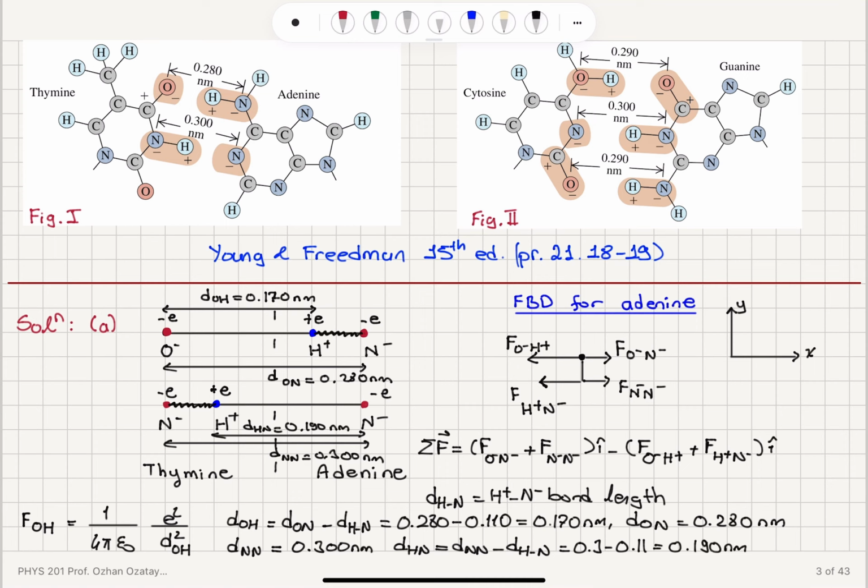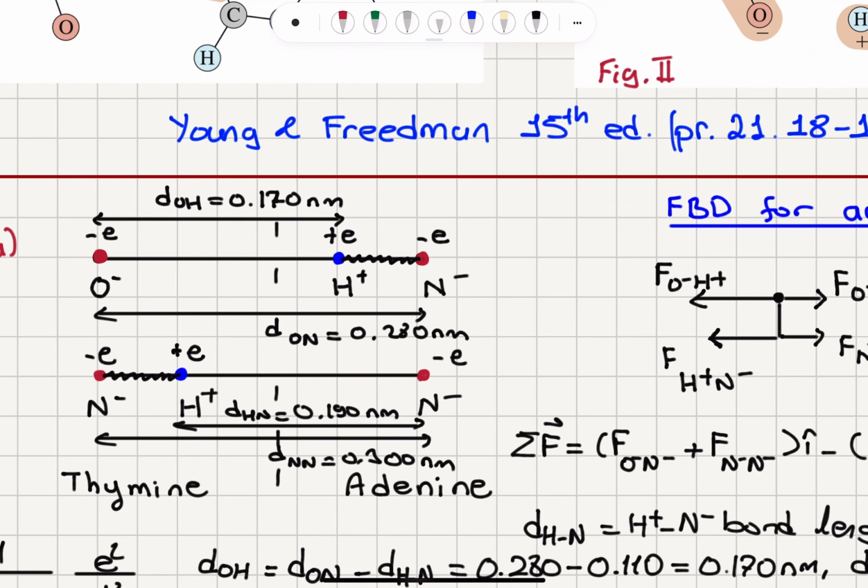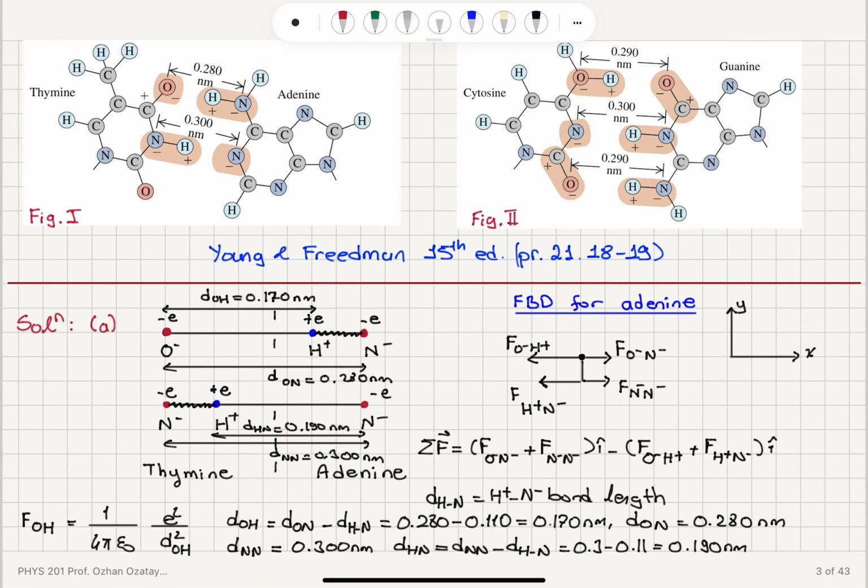So you can see that all these distances are correct. We have oxygen-hydrogen distance 0.170, oxygen-nitrogen 0.280, nitrogen-nitrogen 0.3, hydrogen-nitrogen 0.19. This is to keep the bond length 0.110 nanometers as given in the problem statement.